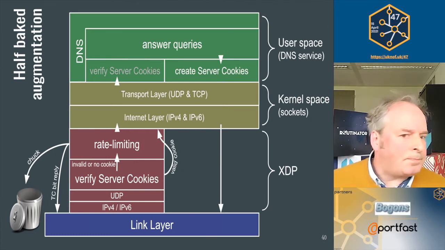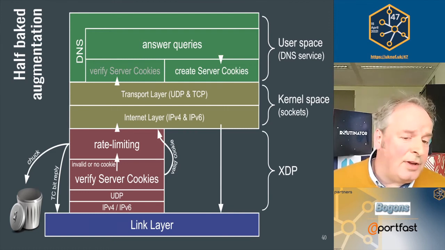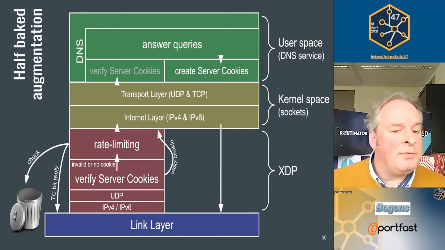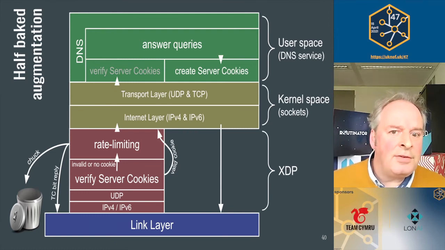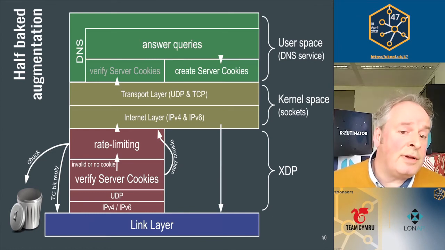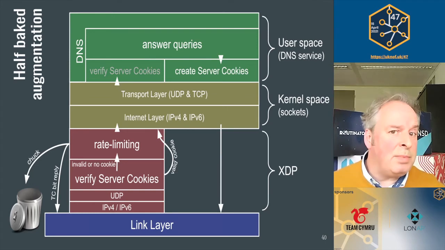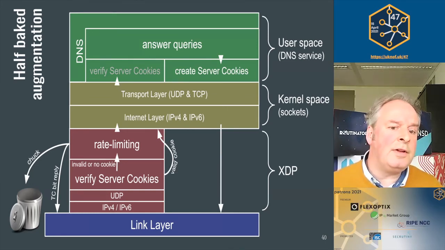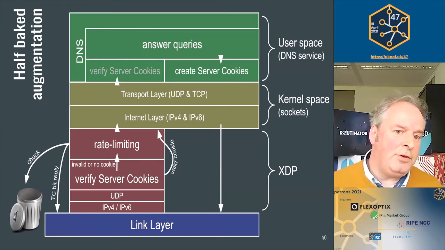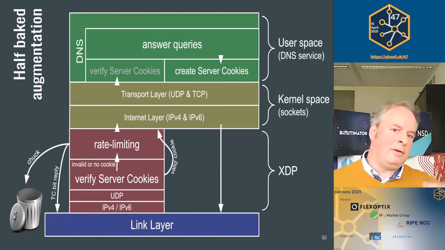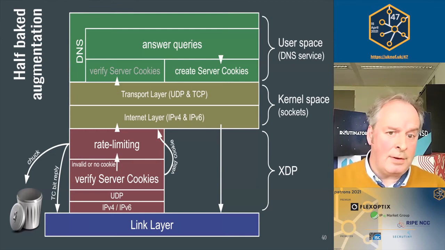So the XDP module first parses IPv4 or IPv6, and then the UDP, and verifies the cookie. Is it a valid cookie? Is there a valid server cookie? Then it redirects directly with XDP pass to the user space program, and otherwise sends it to rate limiting, which can check it, reply with TC bit, or send it up.